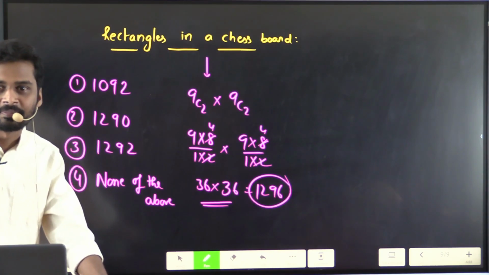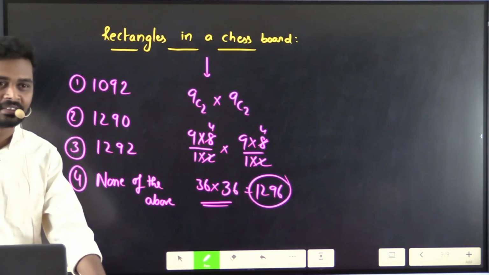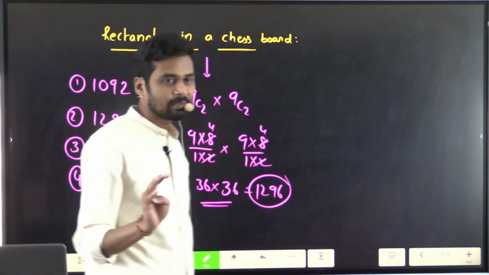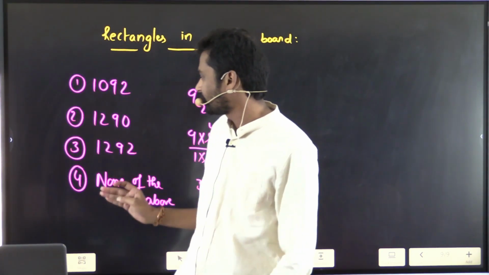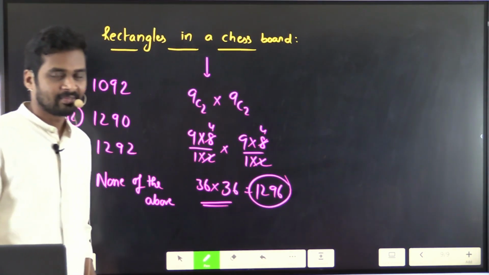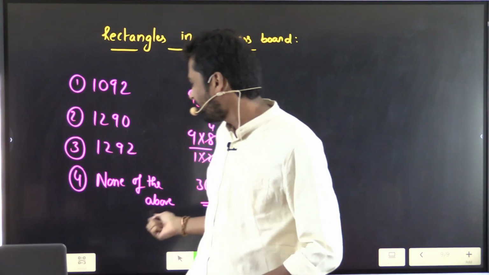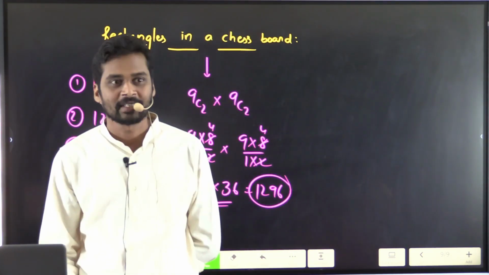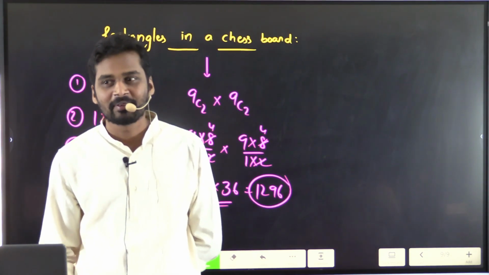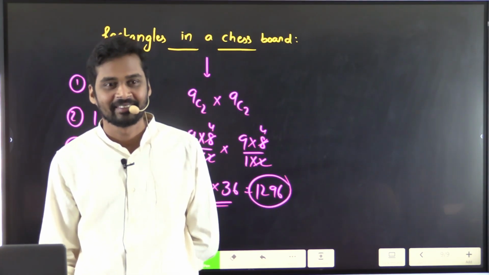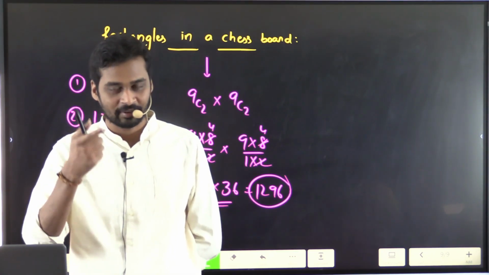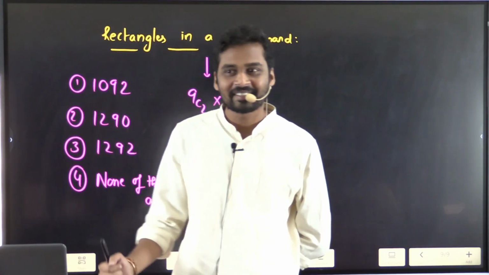Because 1296 is not there, it would be none of the above. Tell me your answer, all of you. I just want to hear it in your words.